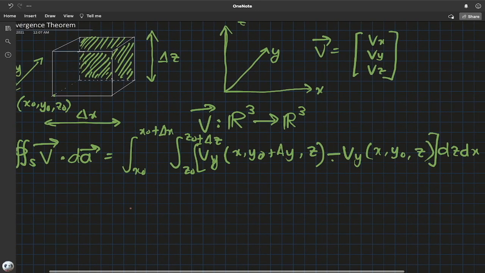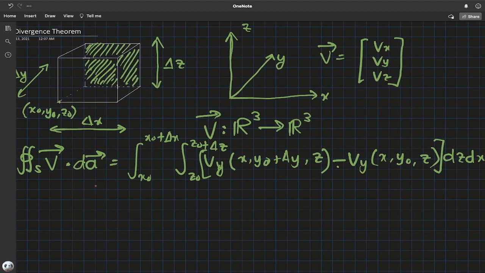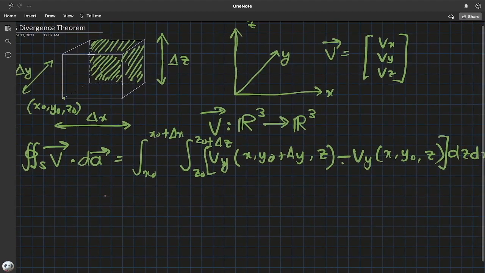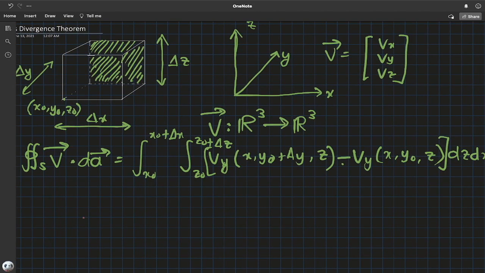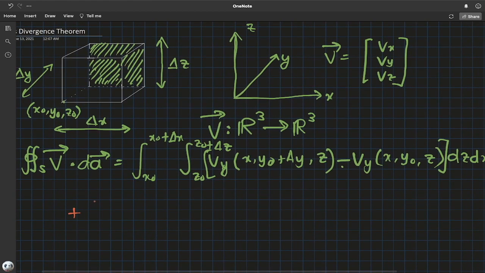Now let's consider the other faces too, because we have to do the entire surface. This is a closed surface integral over the entire thing, so we're basically breaking the surface down. Now let's consider this face, the one on the side, the one that is purely in the YZ plane.